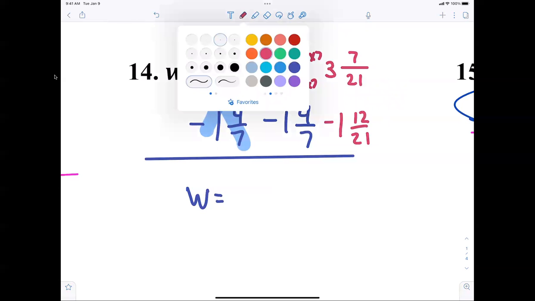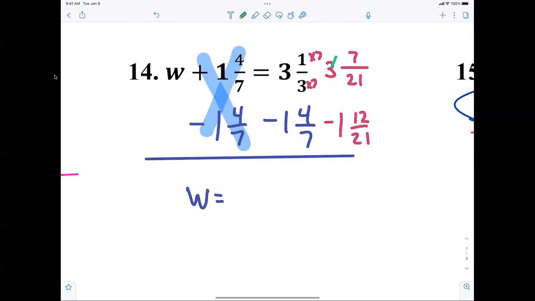Borrow. I borrow from the 3 and make it a 2. Now, do you remember how to borrow? What do I make this 7 right here? Wouldn't you make that a 14? No, 28, because remember, the rule is when you borrow, you add the numerator and the denominator. So that becomes 28 over 21.